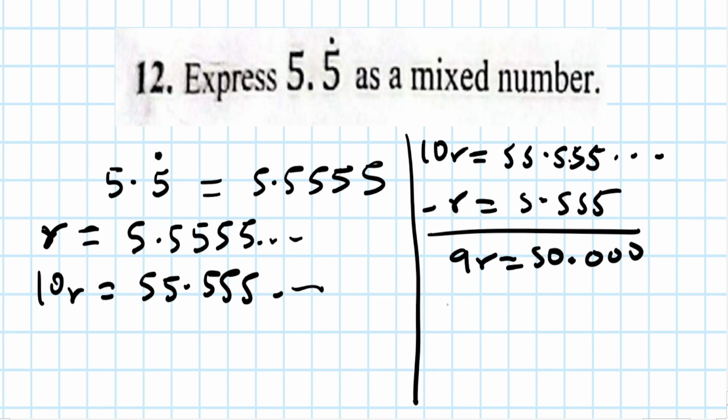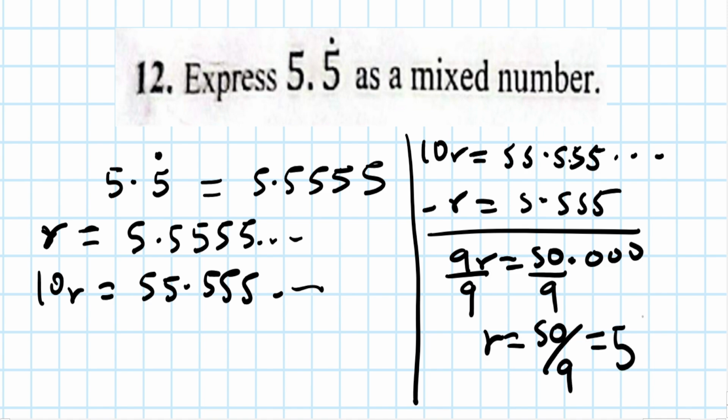Then divide by 9. So the main objective is just to remove the decimal so that we can write it as a fraction. So divide by 9, R is equal to 50 over 9. But as a mixed number, 9 goes into 50 5 times, leaving you a remainder of 5. And then the answer is going to be 5 5 over 9. So simple as that, right?